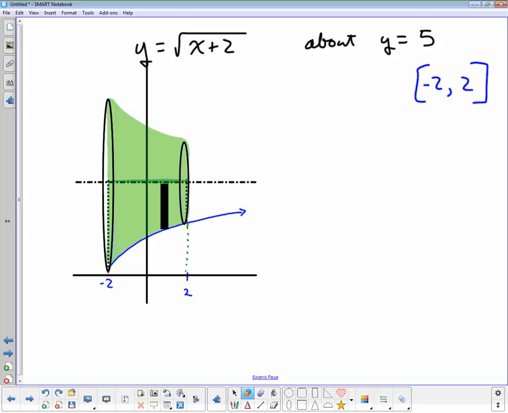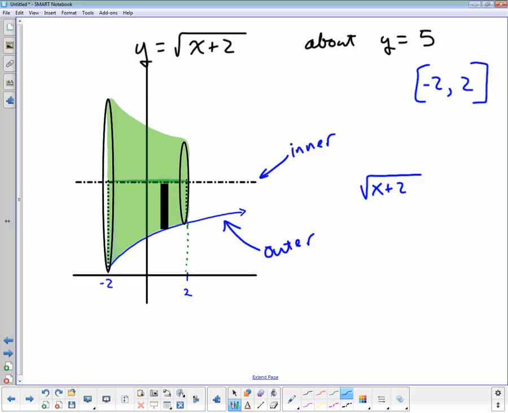Okay. So I have the outer, this is my outer, and inner. Okay? So it's going to be the function x plus 2 minus 5. Whoops. No. Wait, yes.